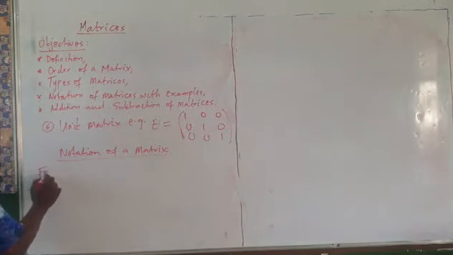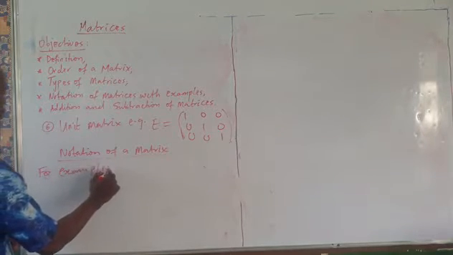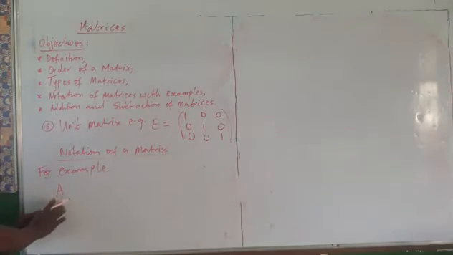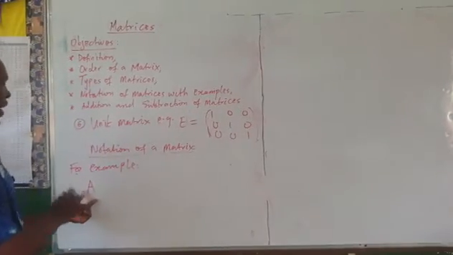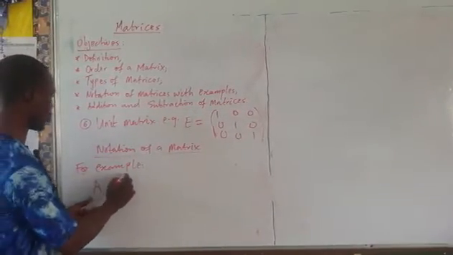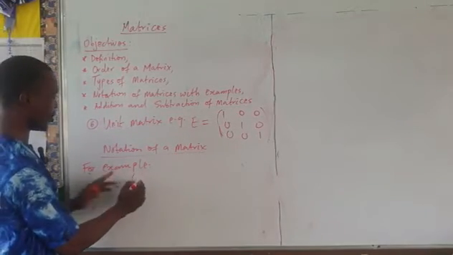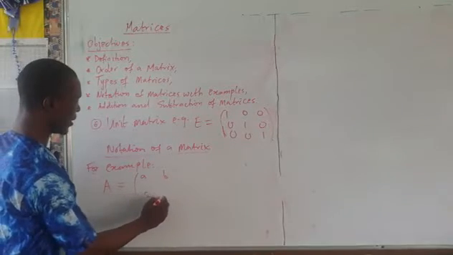For example, let's consider matrix A. We have denoted this matrix by capital letter A, which is equal to, and then the elements under the matrix will be denoted by small letters: a, b, c, d.